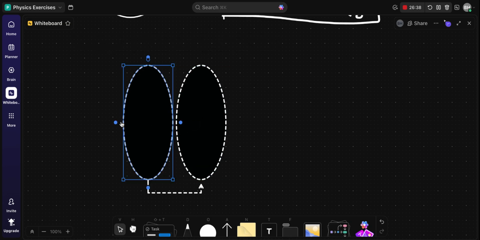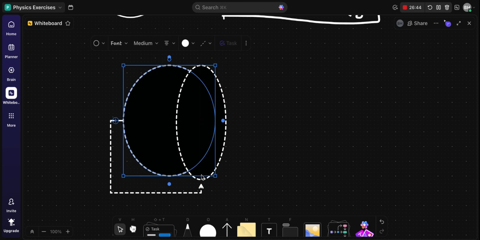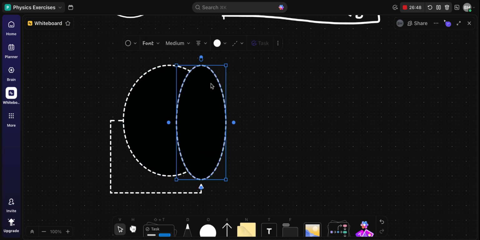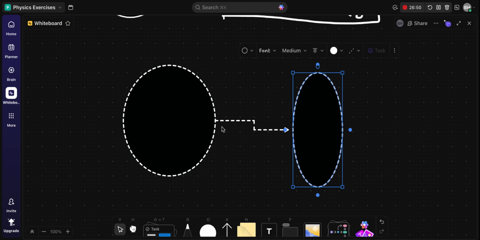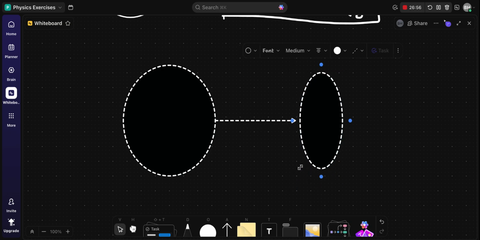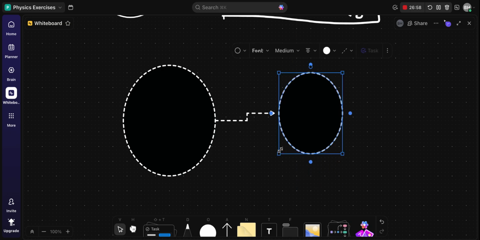I have one sphere, and I'm going to make this sphere a little bit smaller, but change this one to a solid line.